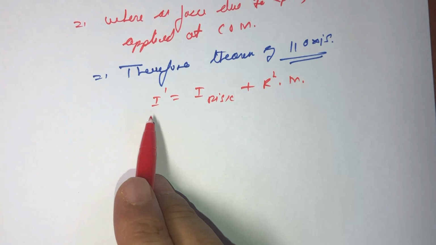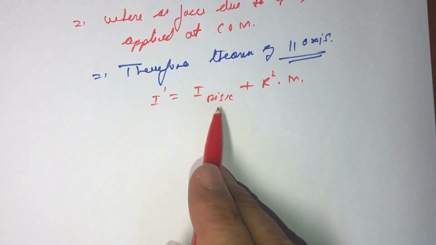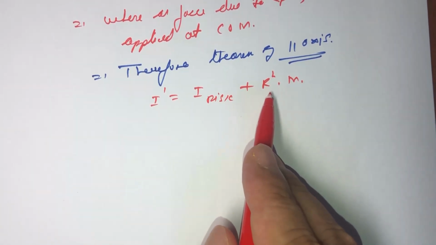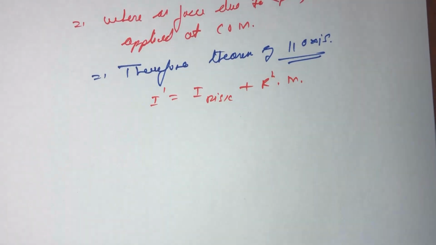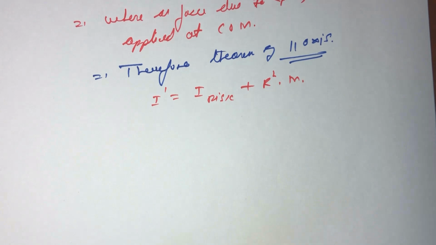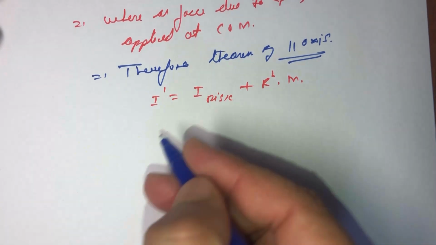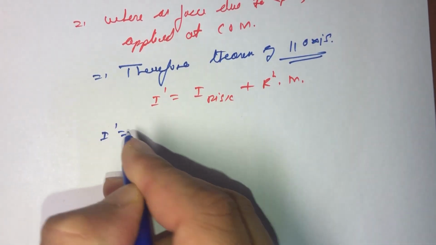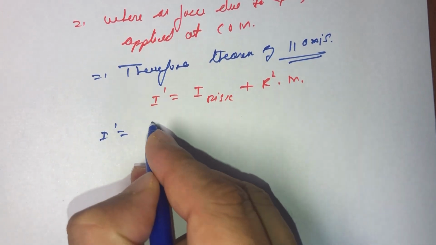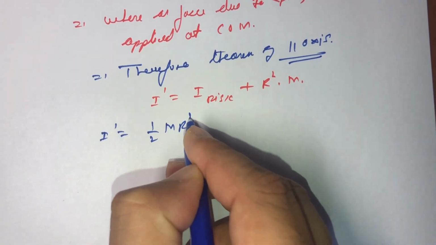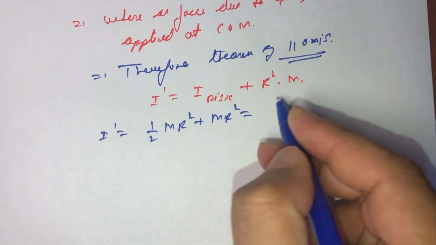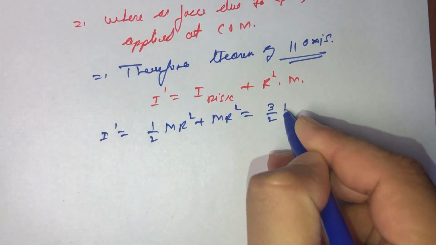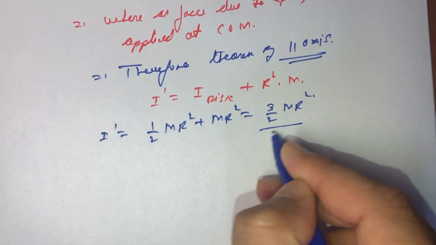So this is the shifted moment of inertia from the center of mass by a distance r and having mass m, and the distance is r square, r and taking the square. Therefore we get that I prime will be equal to I disk, which is half mr square, plus mr square. So we get this as 3/2 mr square.